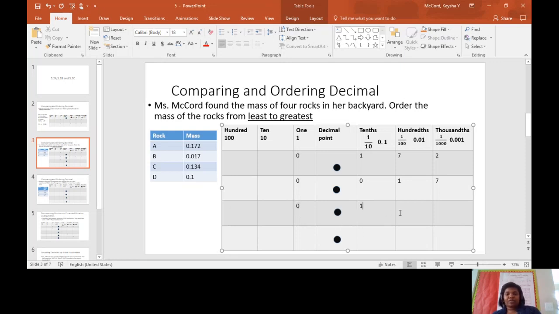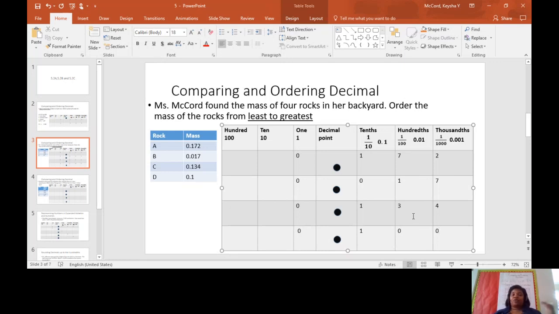And these are all the rocks that Miss McCord found in her backyard. Okay, so I look at my chart and I realize this number right here in the bottom, 1 tenth, has these 2 empty spaces. What am I going to do? I'm going to add zeros. Those are placeholders and they're going to fill in those spaces for me.